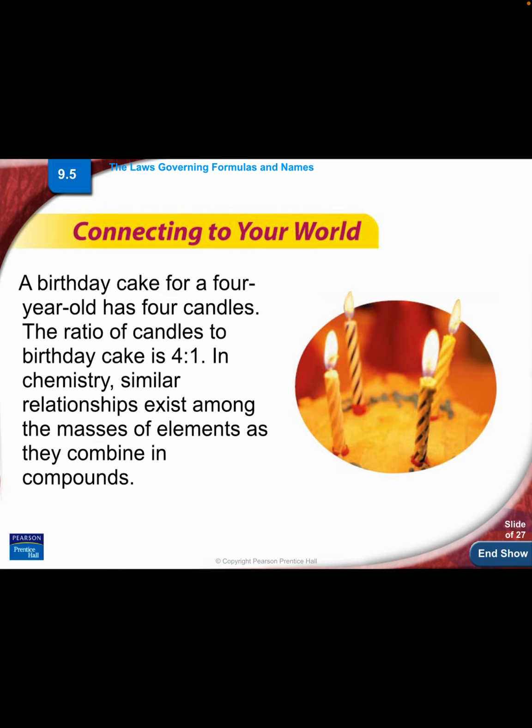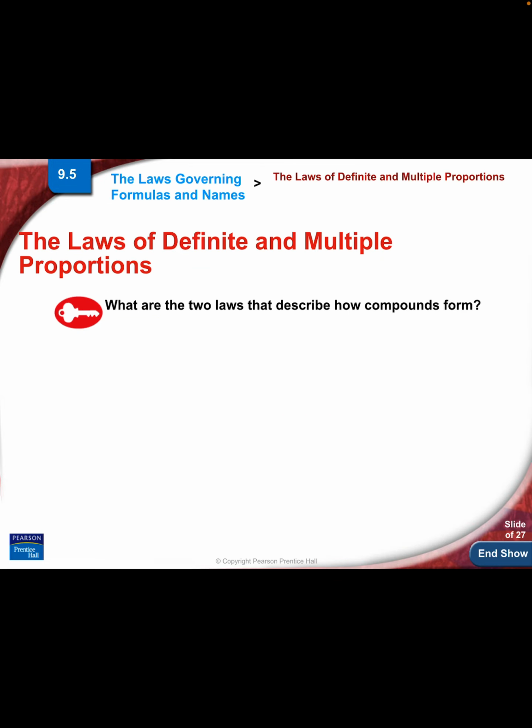What we're talking about are ratios, how we use these ratios to describe and define different compounds, both ionic and molecular. For a 4-year-old, there'll be 4 candles for every 1 cake. And we have similar relationships when we talk about our different molecular compounds and ionic compounds.